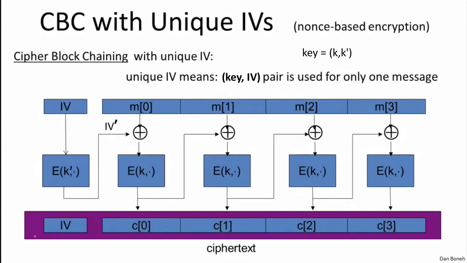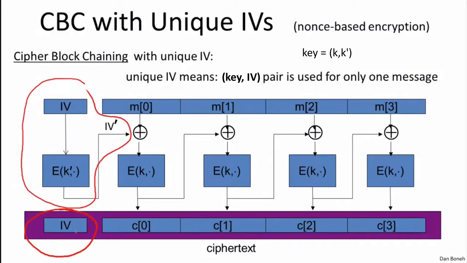And here's just an example of CBC mode with a unique IV rather than a random IV. As I said, the one thing that's important to do is also encrypt this IV before you actually start using it. So you see this extra encryption that takes place before we start using the IV to actually do encryption. Okay, and of course the IV, the nonce, can either be transmitted as part of the ciphertext or not, depending on whether it's explicit or implicit.